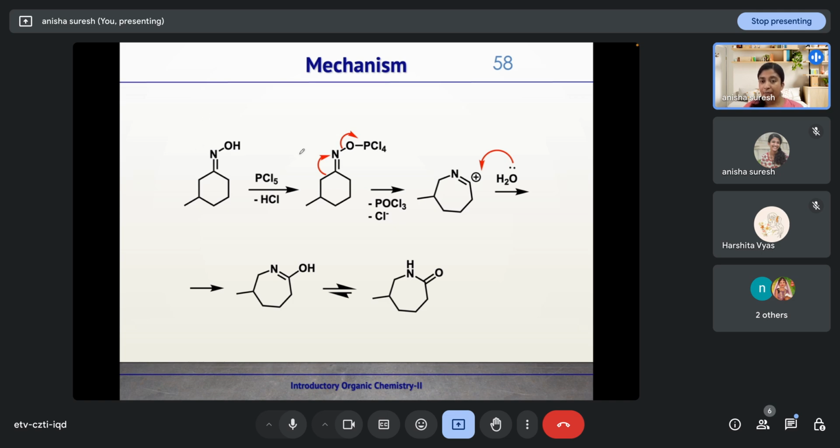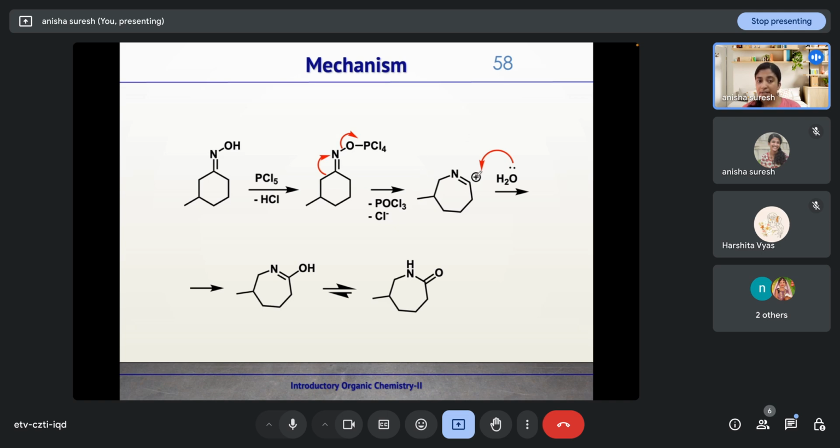So in the presence of PCl5, this will coordinate with this alcohol and HCl will be removed, leading to formation of this OPCl4 bond, and then the group that is trans to the oxime will be migrating. So this group will be migrating, removing POCl3 and Cl minus, and this seven membered ring system will be forming.